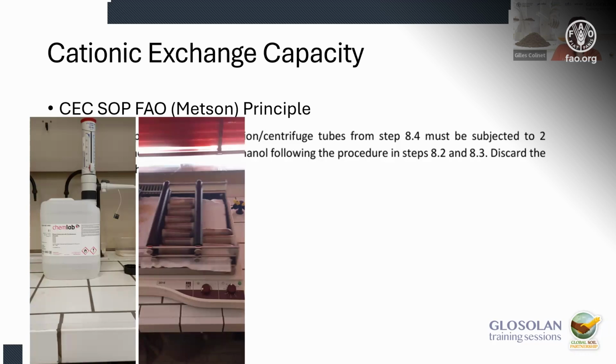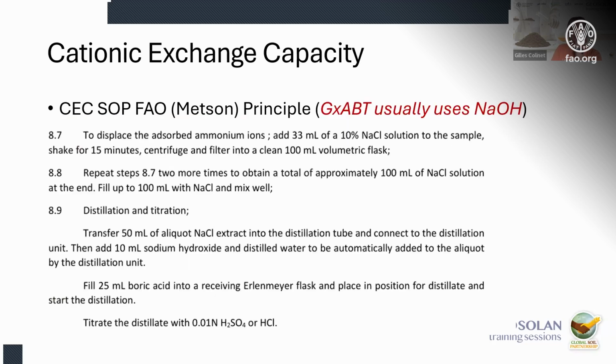You put ethanol, you shake, you centrifuge, and you eliminate the ammonium, the ethanol. You use the Nessler reagent in order to see if you completely remove the excess of ammonium.